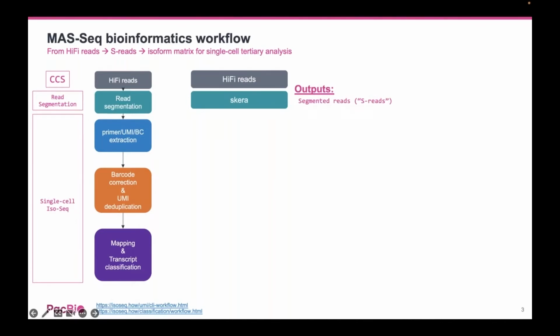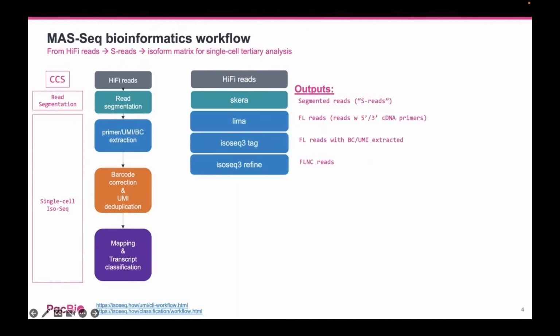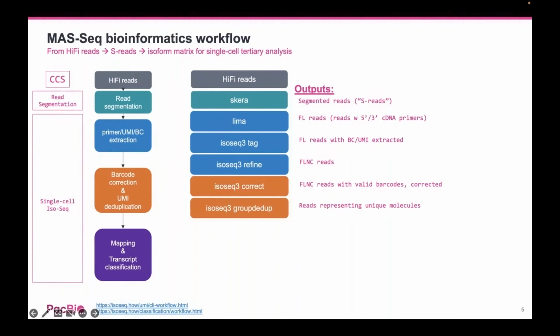After this, we do primer, UMI, and barcode extraction using Lima, Tag, and Refine. After this, we do barcode correction and UMI deduplication using Correct and Group Dedup, which will ultimately give us our unique molecules.